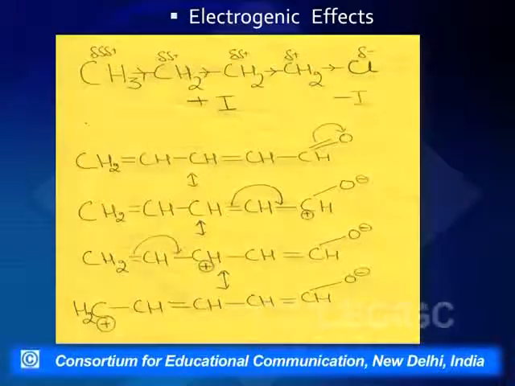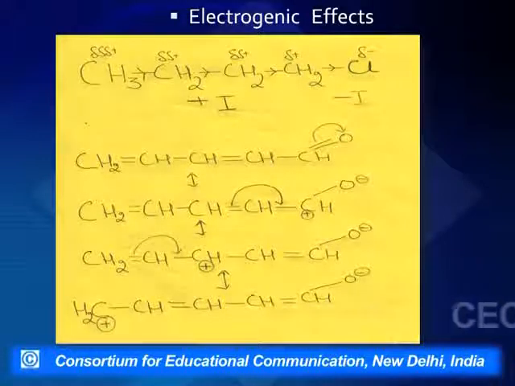Let us now quickly revisit what we have done till now in general organic chemistry, and then in the next lecture we can take up the different mechanisms one by one and discuss them in detail.